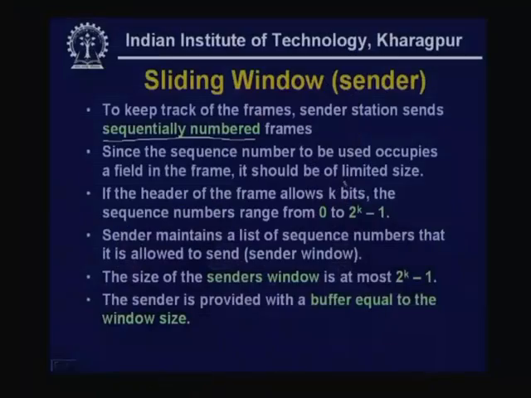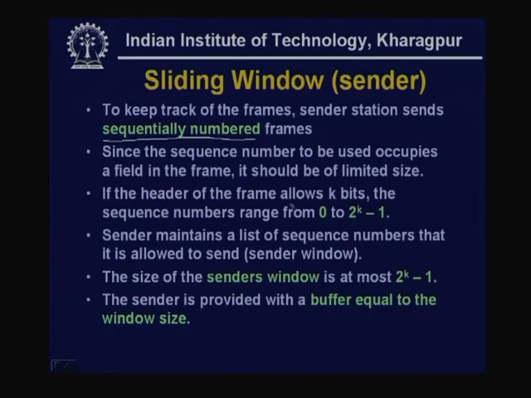Obviously, the sequence number should be part of the frame, embedded as one of the fields of the frame, and the number of bits used for representing the sequence number will be an overhead, which is why there is some restriction on the number of bits that can be used.